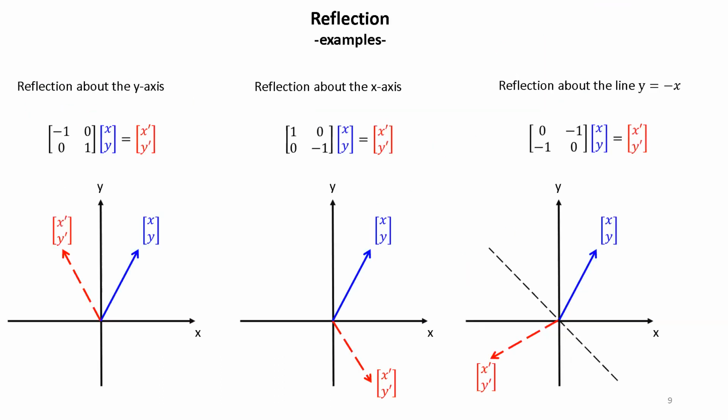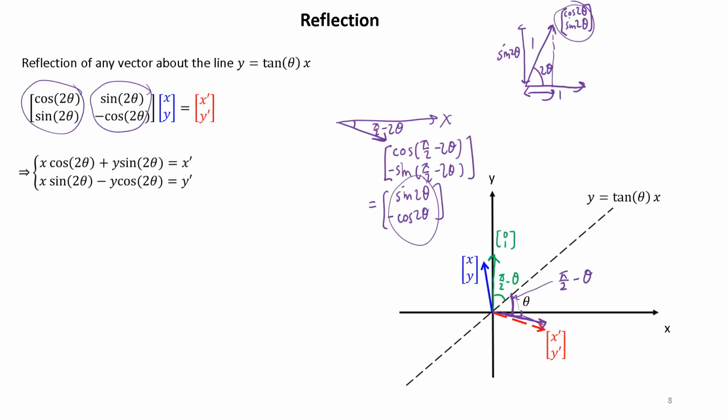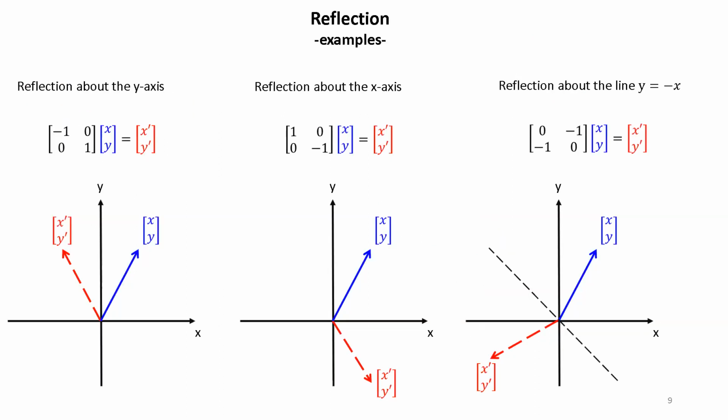So just some simple examples. You just need to take the reflection matrix over here, and then consider how you put your symmetry axis. So here, if I want to do reflection about the y-axis, then this is my symmetry axis.